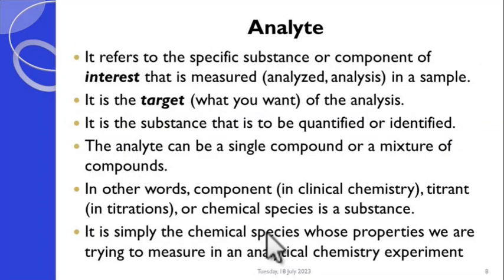The next term is analyte. Remember that we have already looked at analysis. Here we are dealing with analyte. We have said that analytical chemistry has to do with looking for information about any given matter, and by so doing, you are going to employ various techniques and methods.